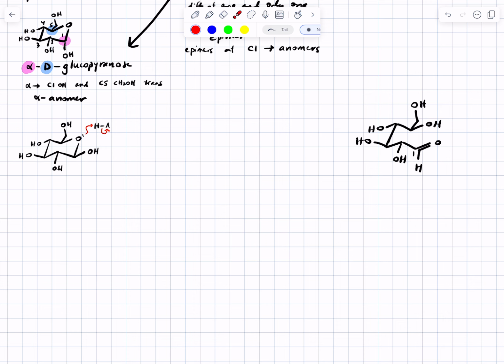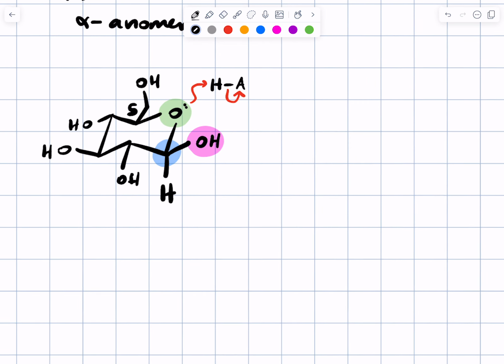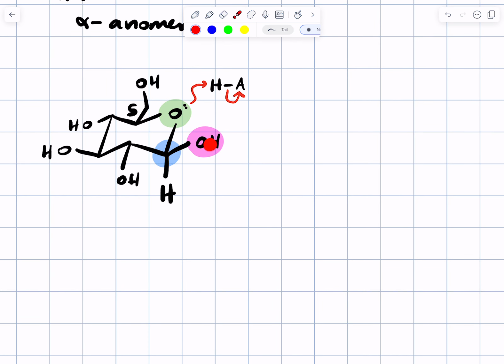Ring opening needs to involve kicking off of the C5 oxygen as a leaving group by the C1 hydroxyl as a kicker-offer, and this is sort of your carbonyl carbon here. The problem, of course, is that a neutral oxygen can't kick off a negatively charged oxygen.